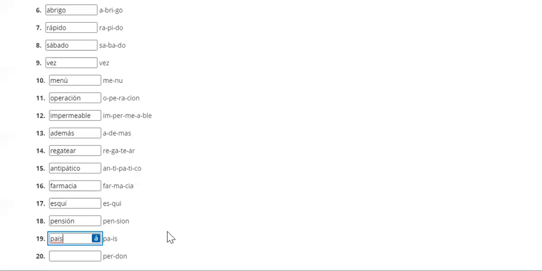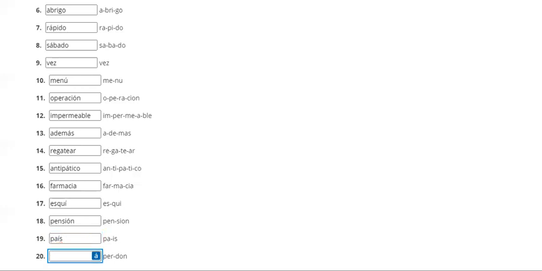Without the accent mark, this would be one syllable, which when you have one syllable, you don't require an accent mark, but it would be pronounced pais. We don't want that. We want país. We want to hear the I in there, so we separate it with an accent mark. But also because it ends in an S, the stressed syllable should be the second to last syllable, but it's not. So we write an accent mark for that reason as well. So like I said, this one serves a few purposes, but no matter which way you look at it, it needs an accent mark in that spot regardless.